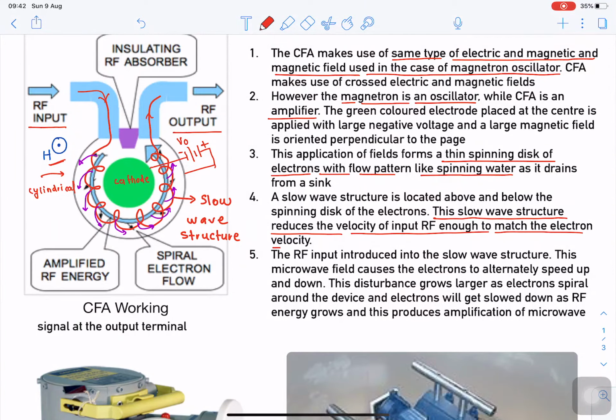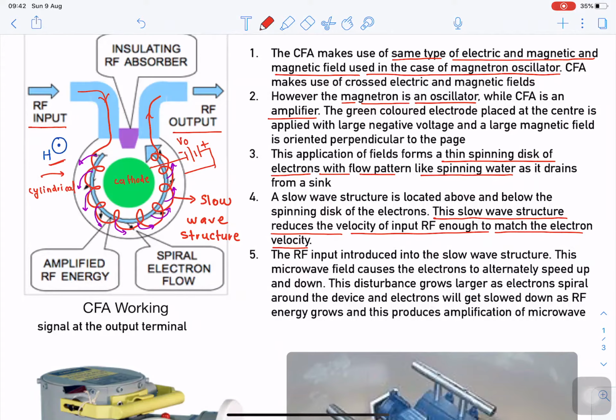What is the basic purpose of utilizing a slow wave structure, as we saw in the case of traveling wave tube? The name itself indicates that it is to slow down the propagation speed of the electrons.